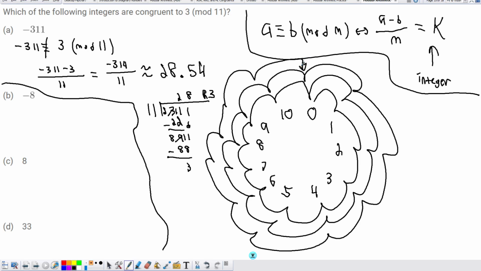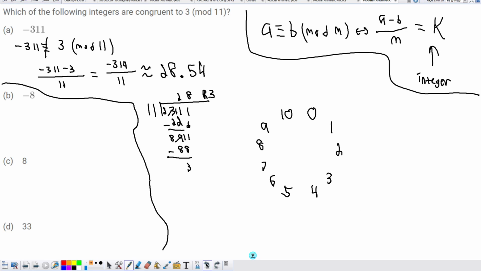Intuitively you might see that it ends up at 0, of course, because 33 is a multiple of 11. But it is a way to find our answers, and since we had it out, we could use it to check. That was part D. So it is not congruent to 3 mod 11. It's congruent to 0 mod 11. But here I go going off track.